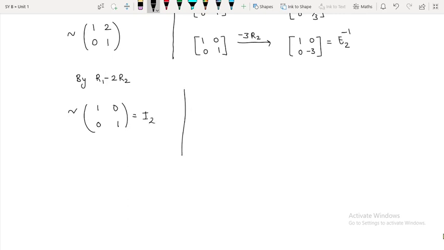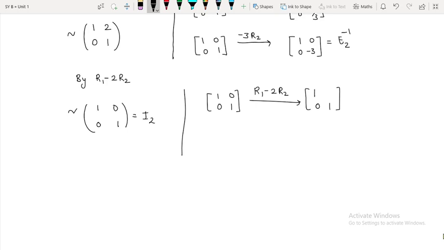Now let us find our corresponding E3. So I will say 1 0 0 1, and over here which operation? R1 minus twice R2. So what are you going to get here? First row will change. So 0 1. So what will be my first row now? This is going to be 1 only.